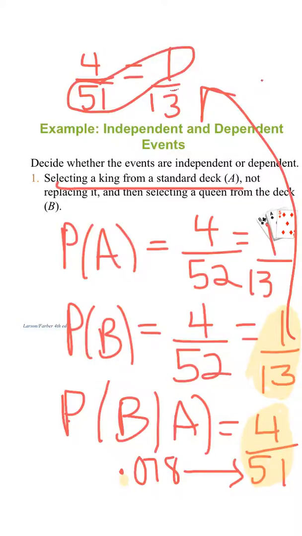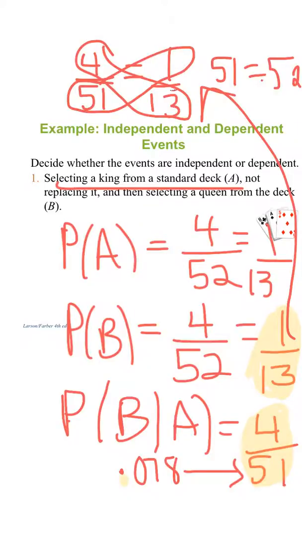So 51 times 1 is 51. Does that equal 4 times 13? If I multiply 4 times 13, I get 52. 51 clearly is not equal to 52, therefore the fractions are not equal to each other.